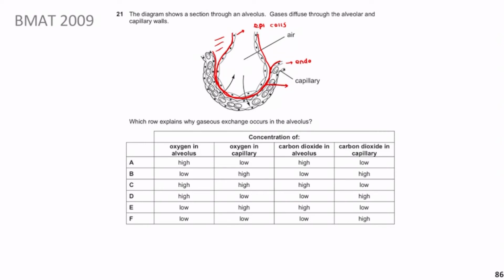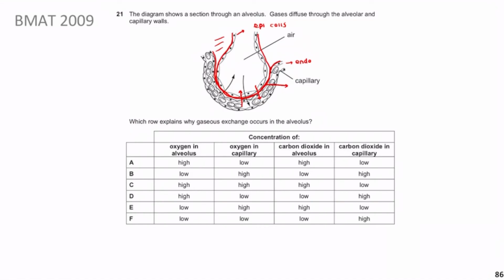So you want to have a short diffusion distance to maximize your diffusion of gases, which is happening between the alveoli and the pulmonary capillaries. So it's a good idea to have a thin basement membrane, and to fuse the basement membranes together, because then you only have 1, 2, 3 barriers to get through to move gases to and from the pulmonary capillaries. So what would be the concentration of oxygen in the alveolus?